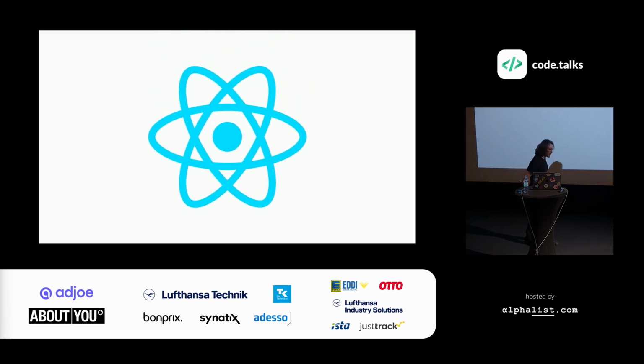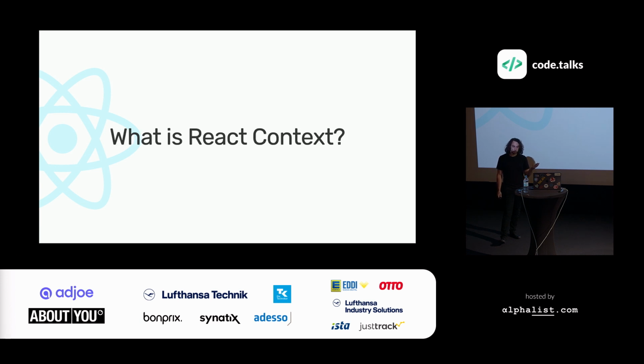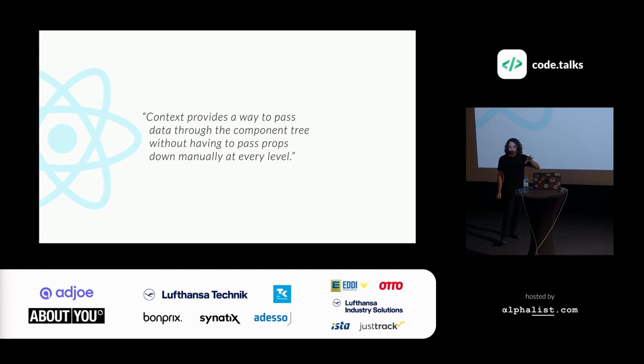But anybody here uses React? Also good. But I think React already solved this, at least for React. They have React context, right? What React context allows us to do, and let's read it from the doc: Context provides a way to pass data through the component tree without having to pass props down manually at every level.